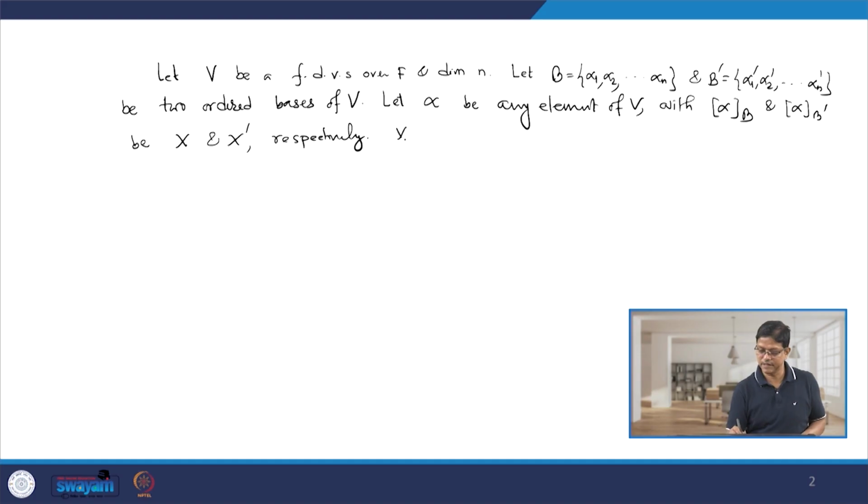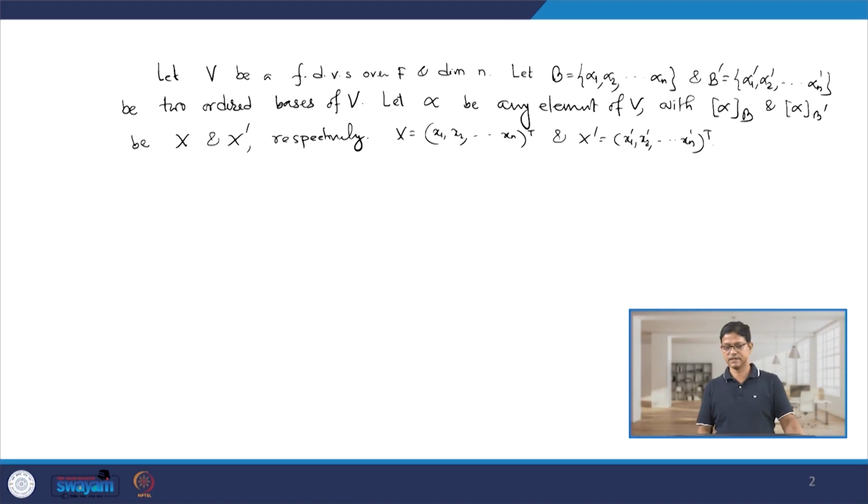Here capital X equals x1, x2, ..., xn transpose, and capital X prime equals x1 prime, x2 prime, ..., xn prime transpose. Now we are curious to know, is there any correlation between capital X and capital X prime?